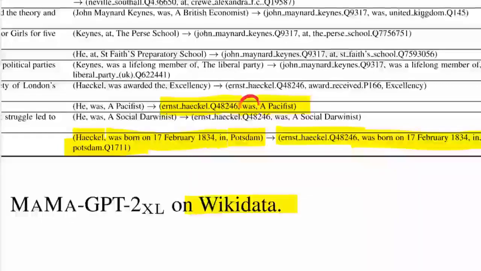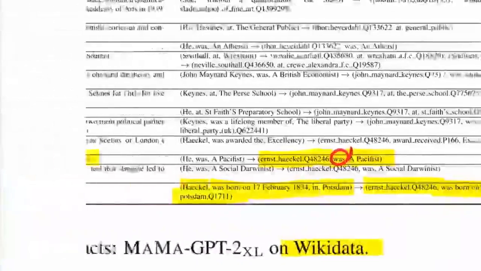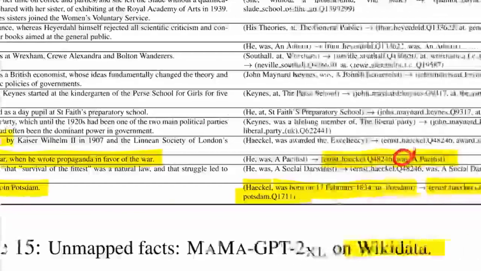But 'was', you know, the relation here would be something like a political leaning or something like this, which is certainly in the knowledge base, right? Then you have things like Haeckel was awarded the title of excellency.